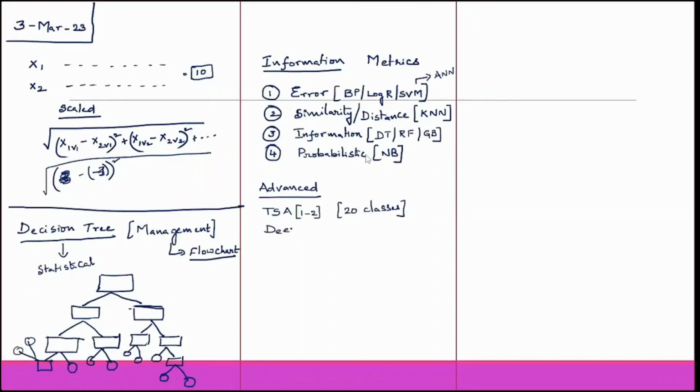Similarly, deep learning. Here the Python usage would be much lesser. I would be talking about some of the libraries which can help you, or a quick example which can run through some of the aspects. But we'll have one class or at the max two classes for each of these areas.